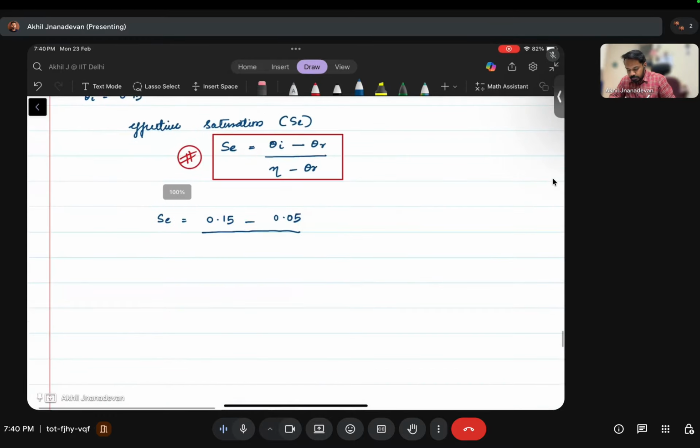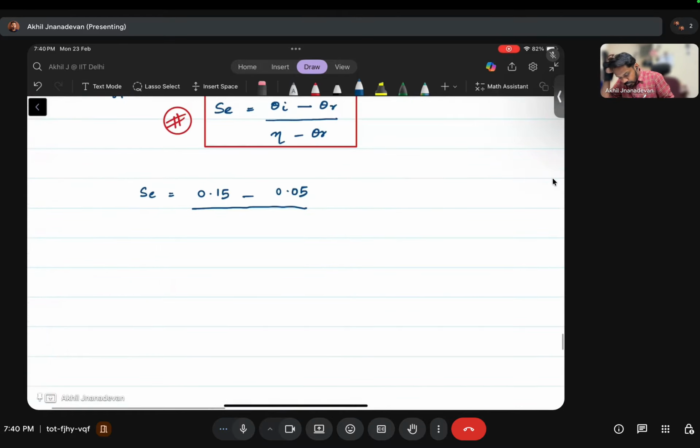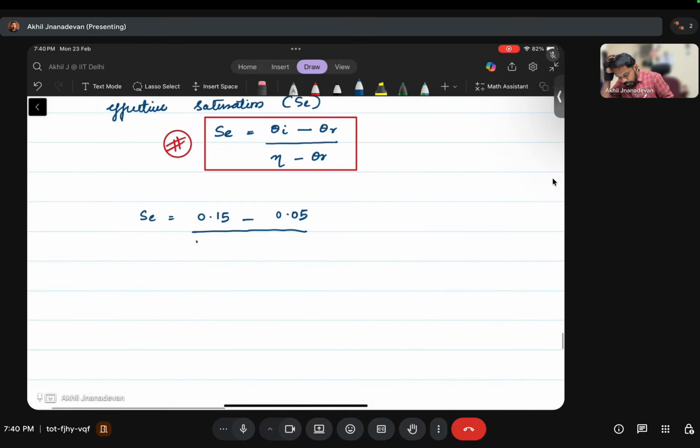porosity, that is eta. Porosity is nothing but 0.45, minus 0.05. So the denominator is nothing but how much maximum moisture can be added. It already had 0.05 moisture content. So the maximum moisture it can hold is equal to the porosity, right?